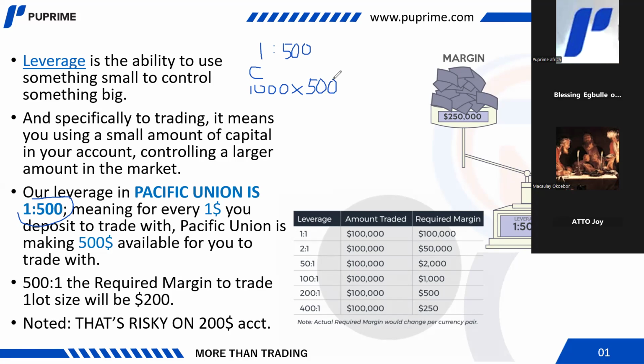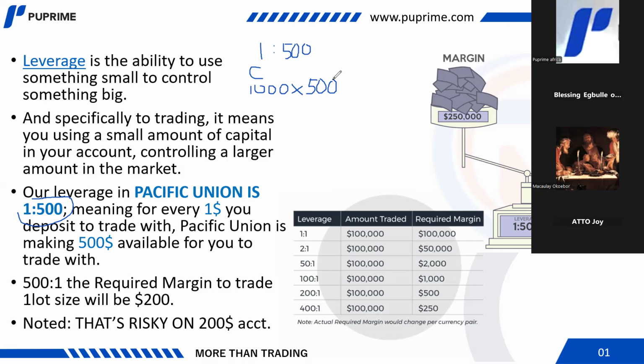I did not say you will see a balance of $500,000 in your account. I'm only explaining how this works. That as far as the system is concerned, it is seeing your $1,000 as $500,000 because you applied a leverage of 1 to 500, but your balance still remains $1,000. It's just the internal working of the platform to make it easier for you to trade.